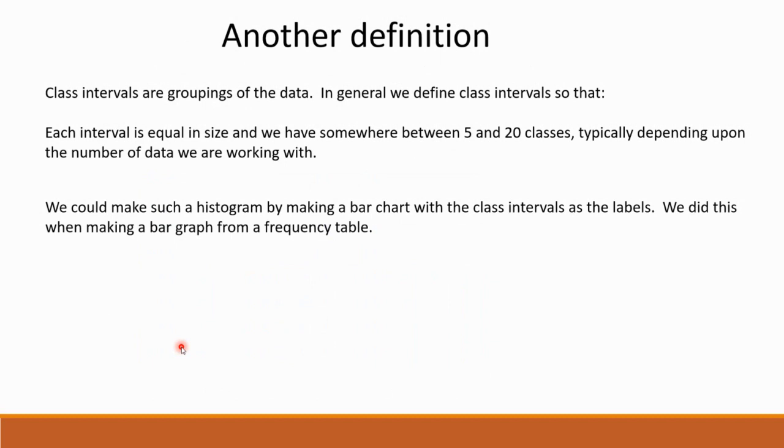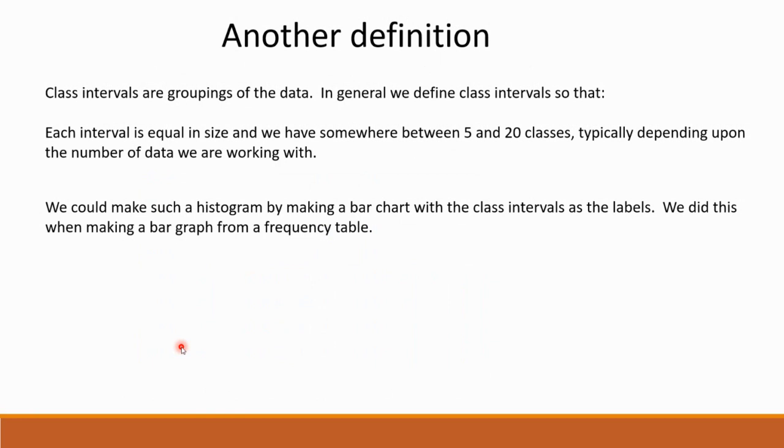Now, let me do this quick definition. This is just something in the book. I want to mention it quickly. Class intervals are groupings of the data. Sometimes you can group the data into an interval, and in a histogram the intervals would be the basis for the rectangles.